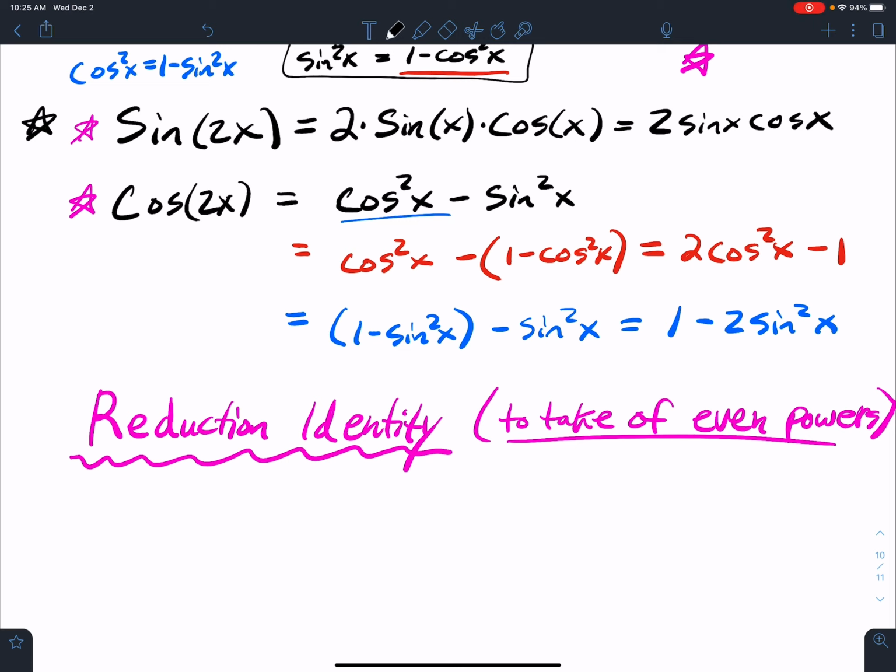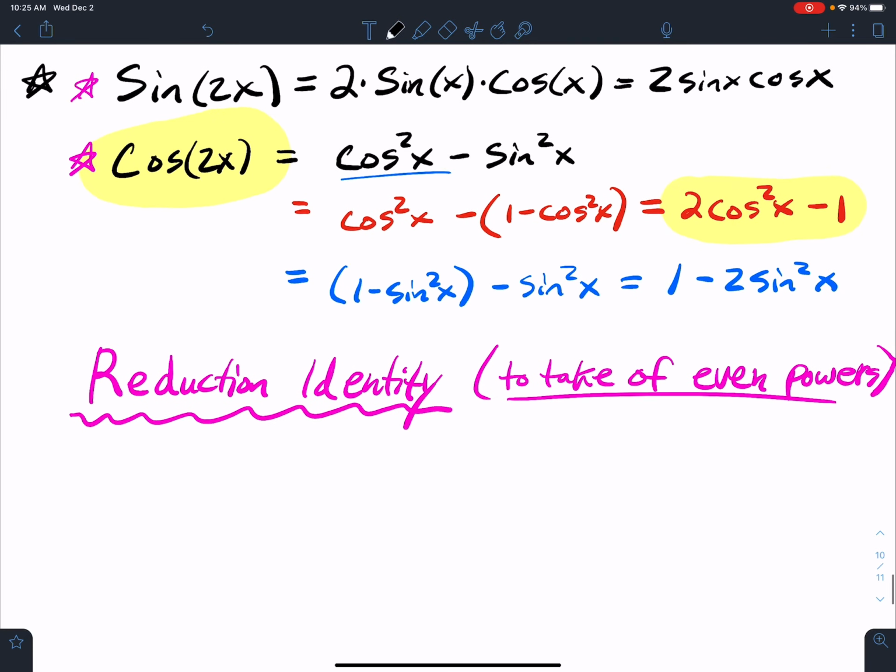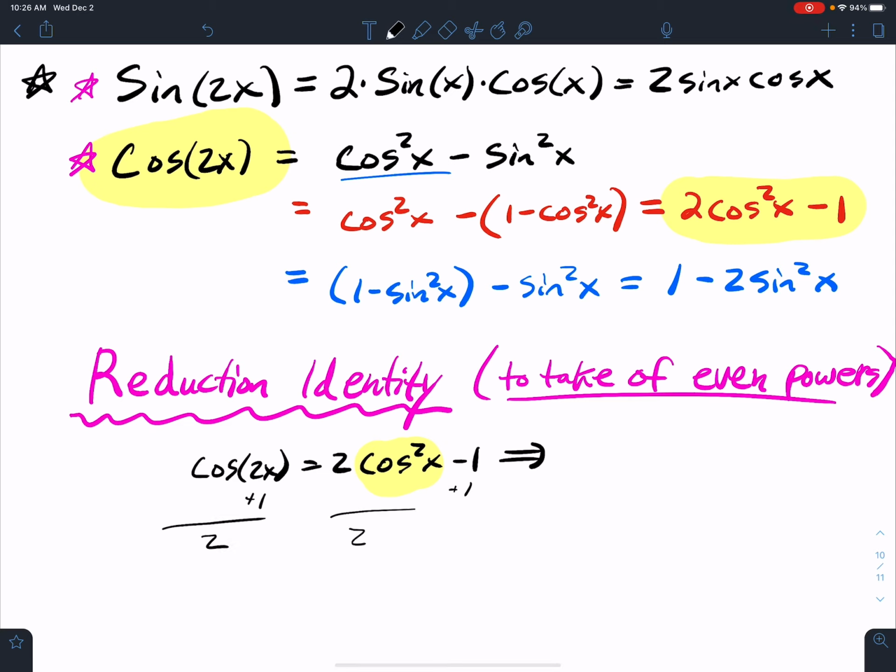If I take this fact here that cosine 2x equals 2 cosine squared x minus 1, then if I solve this for cosine squared, I need to add 1 and then divide everything by 2. So what does this get me?